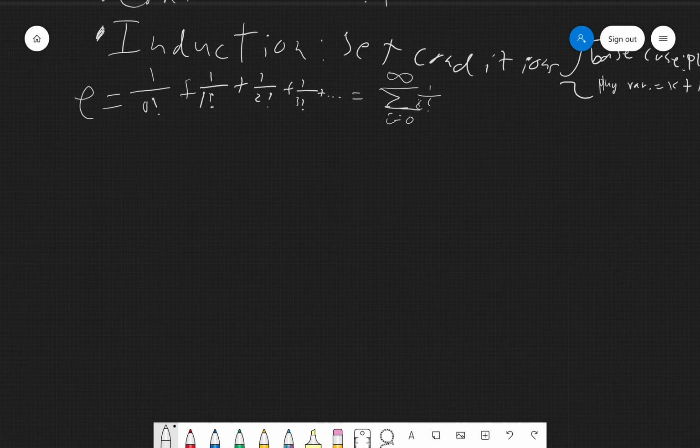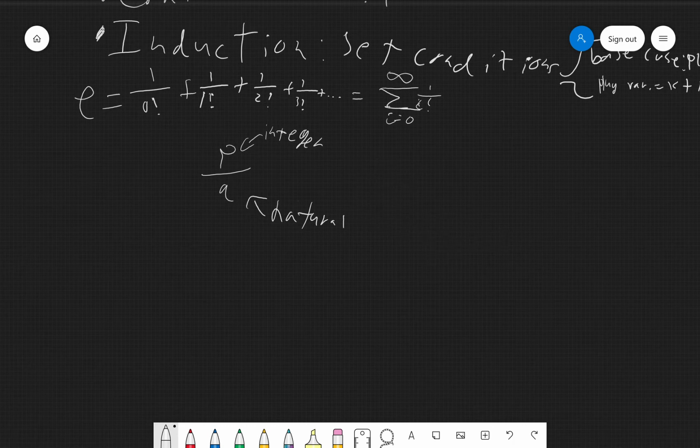So what does irrational mean? First of all, a rational number is anything that can be expressed as p over q, where p is an integer and q is a natural number, not a whole number, because that includes 0. So q can be 1, 2, 3, 4, and so on, and p can be anything: negative, -3, -2, -1, 0, 1, 2, 3, and so on in both directions.